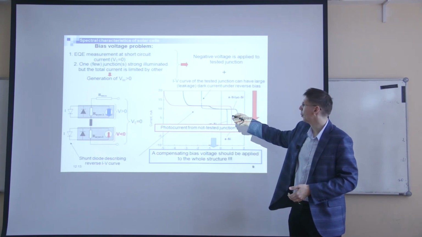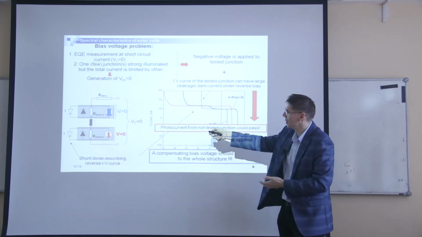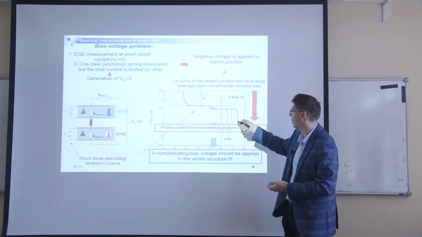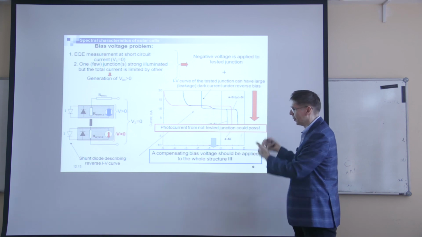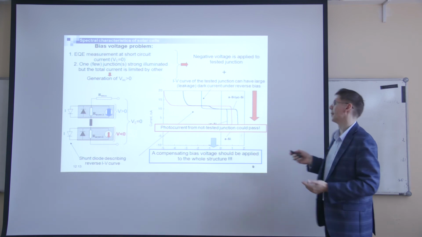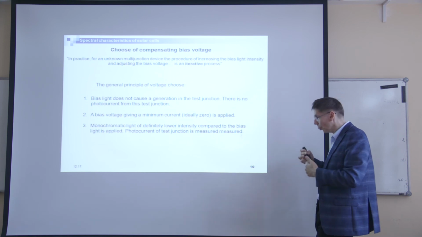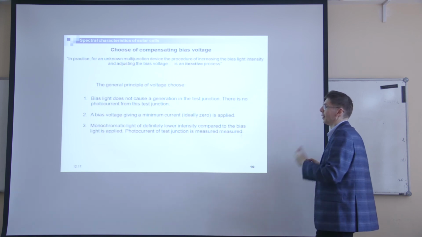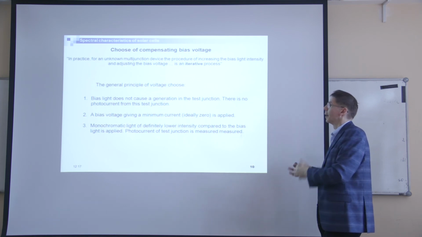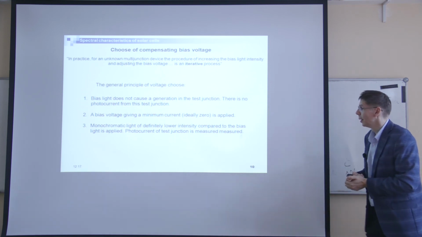So the idea is that by applying this compensative positive voltage, you shift here versus zero current. But if there is no monochromatic light, you have to go to this zero current, and then try to use a monochromatic light intensity which is significantly lower compared to this bias light.